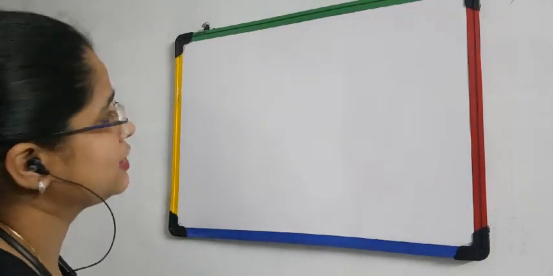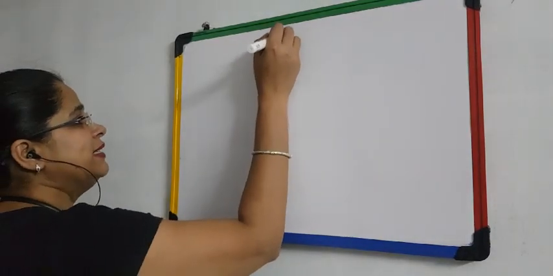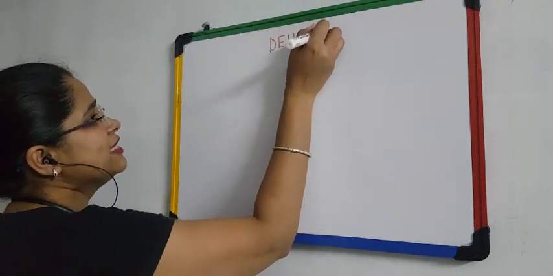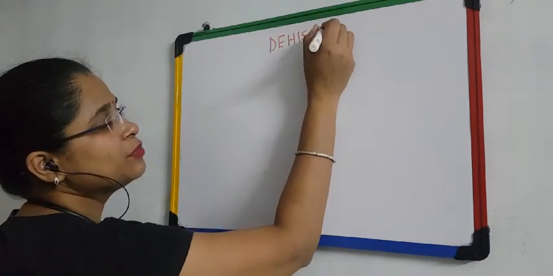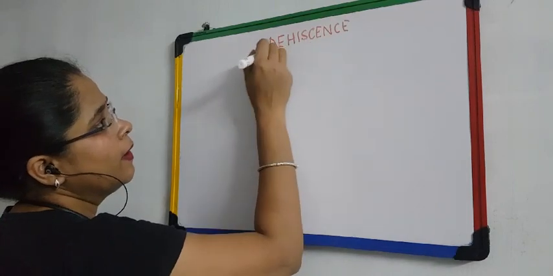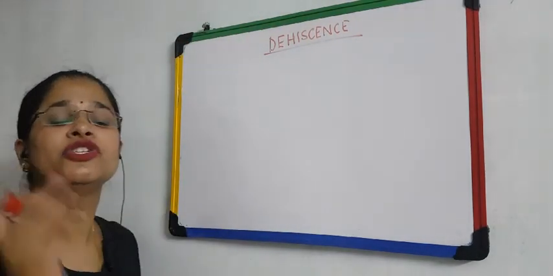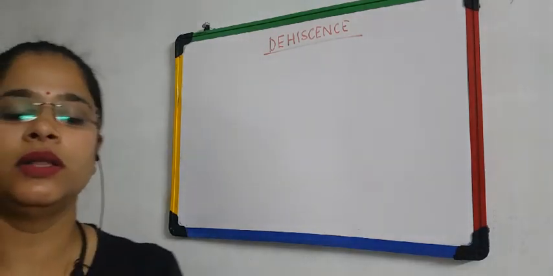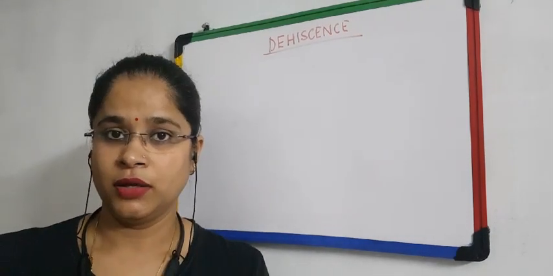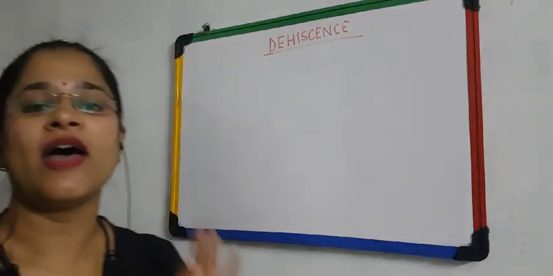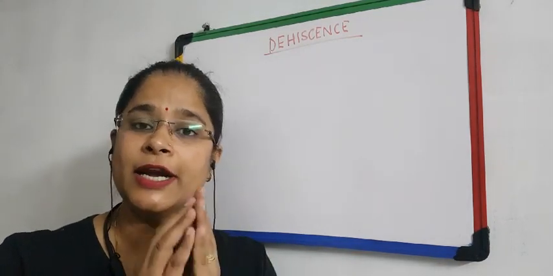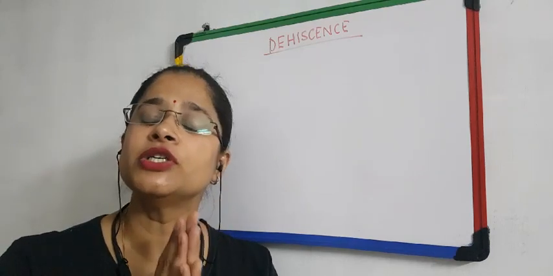Now the last part of the topic is dehiscence. Okay, what is dehiscence? Dehiscence means bursting out, maturing and releasing of pollen grain. Remember one thing guys, that in dehiscence of anther, mostly endothecium has a major role to play.